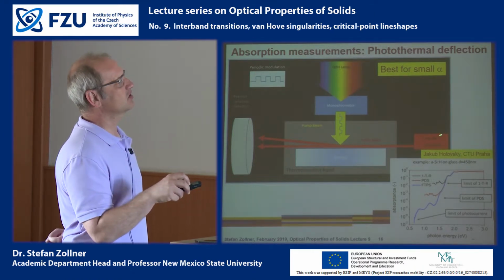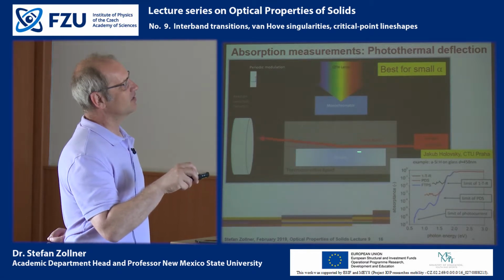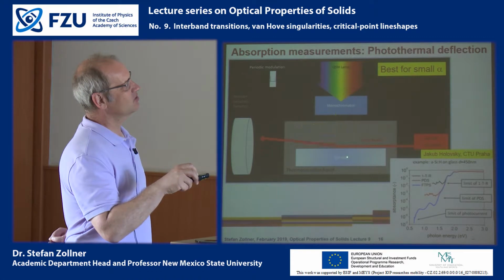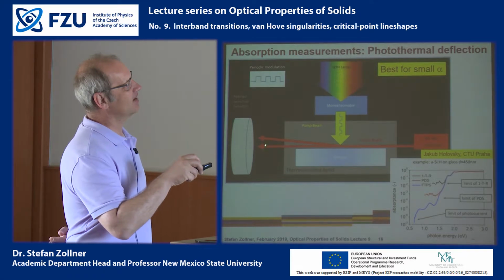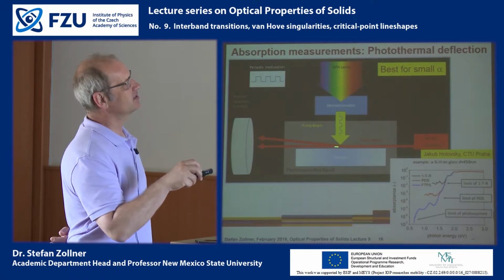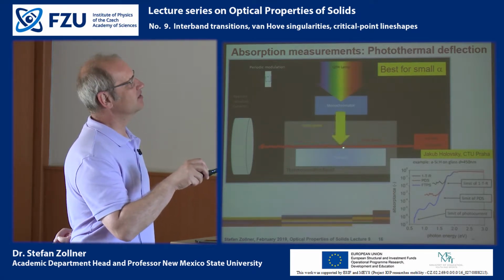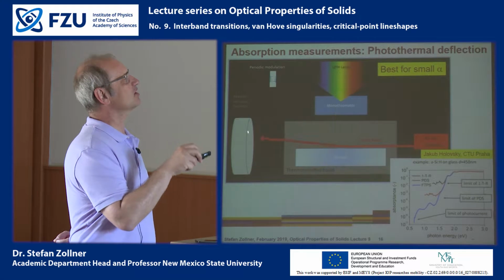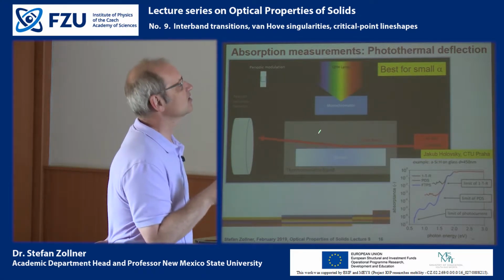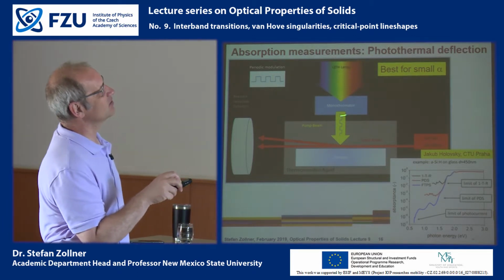So the way this works is that you have a helium neon laser, and the helium neon laser hits the sample at a very shallow angle, and the angle with which the beam is reflected depends on the temperature of the sample at this point. So by modulating the temperature of the sample, you can move the beam back and forth across the position-sensitive detector. And now what you do is you have a white light lamp, a tungsten lamp, and you have a monochromator.